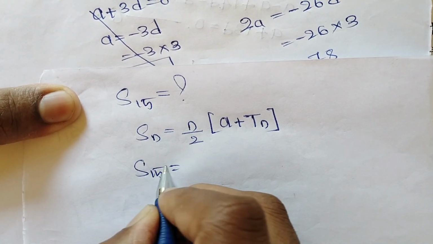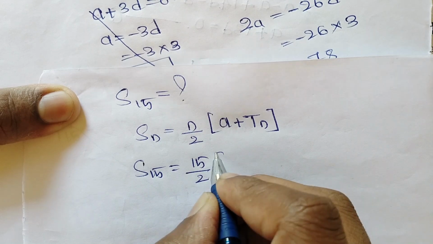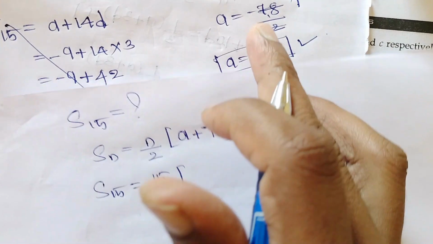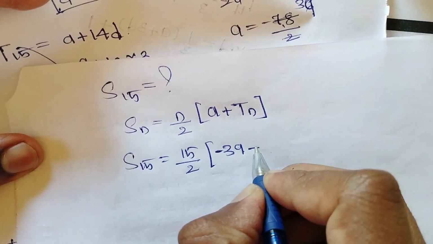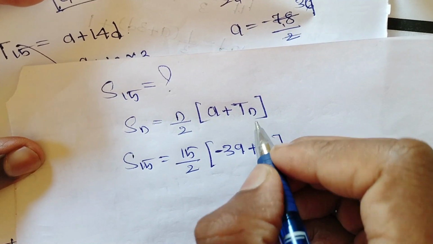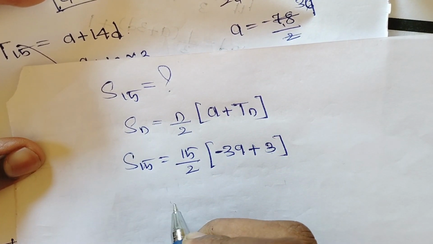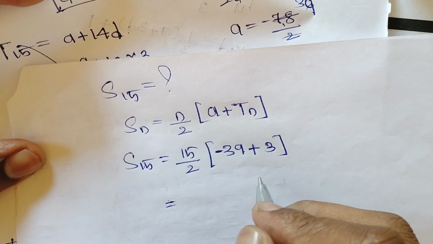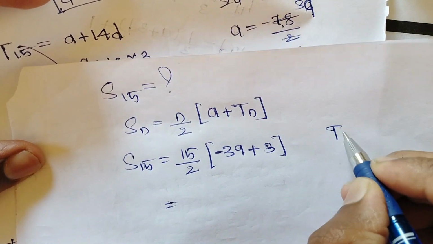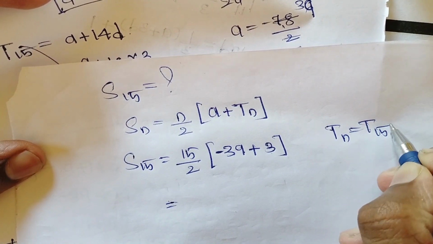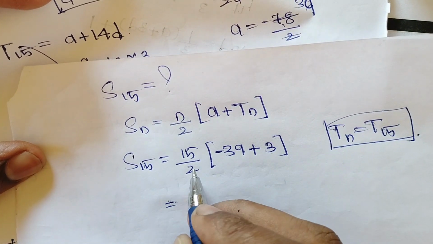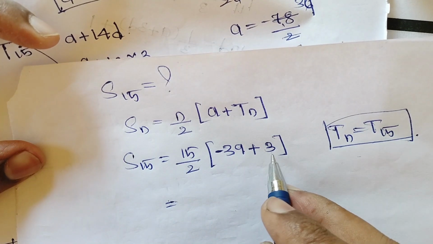Here S15 equals 15 by 2 into a, where a is minus 39, plus Tn, which is T15, term number 15, that is 3.